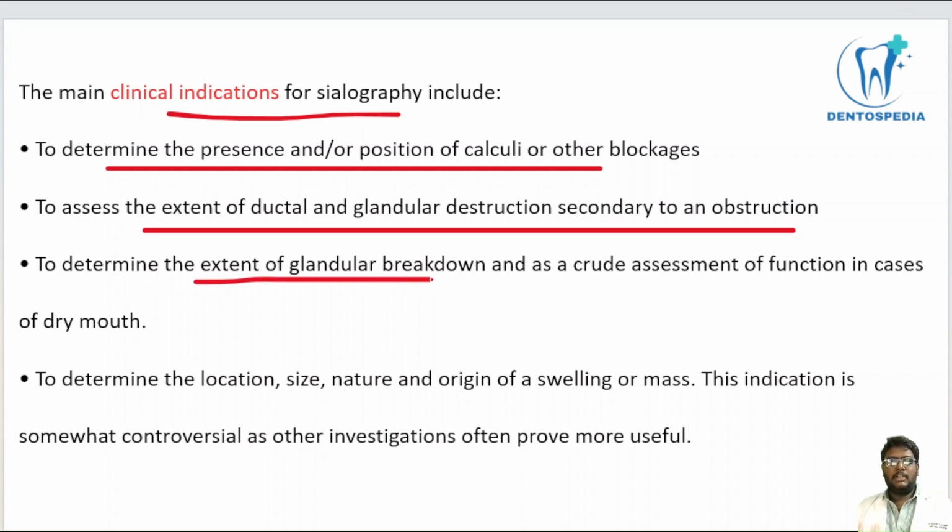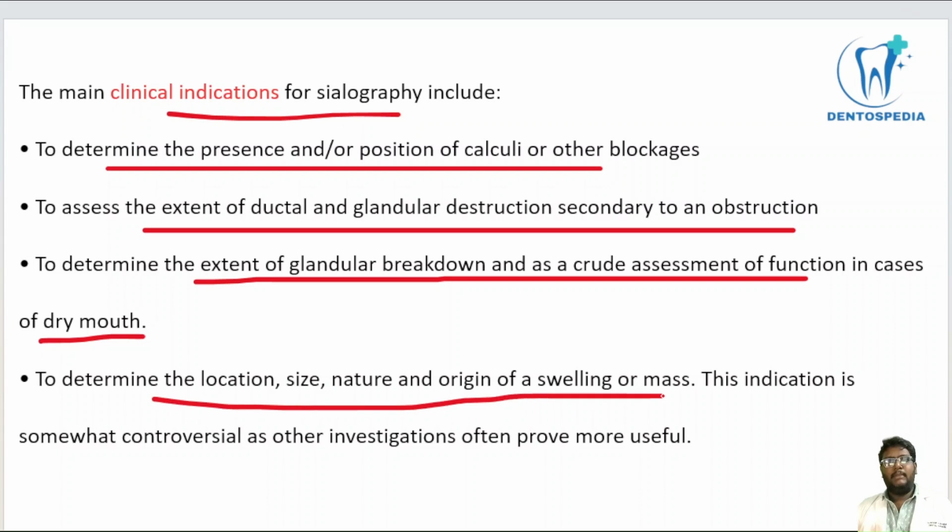It is also used to determine the extent of glandular breakdown as a crude assessment of function in cases of dry mouth. For example, in xerostomia cases, we can expect certain glandular damage, right? And also to determine the location and size of a swelling or any mass, like tumors. We can diagnose these kinds of disorders with the help of sialography.